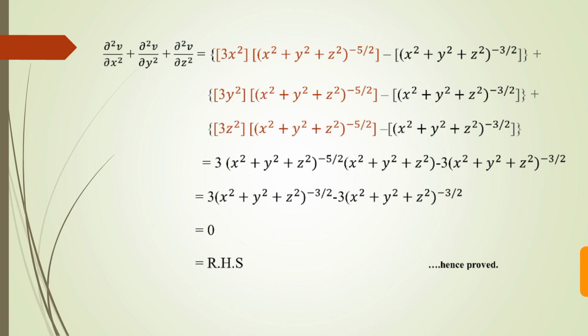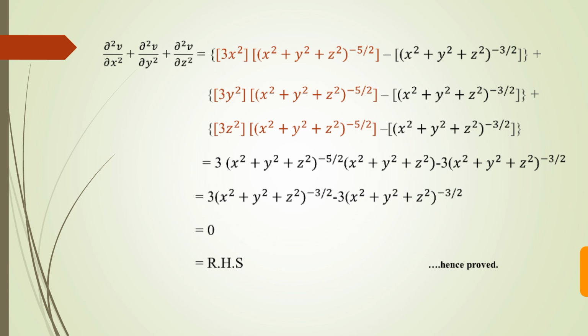From this term we can take the common 3(x² + y² + z²)^(-5/2) into (x² + y² + z²) minus, we can add here minus this term and minus this term, that will become -3(x² + y² + z²)^(-3/2).